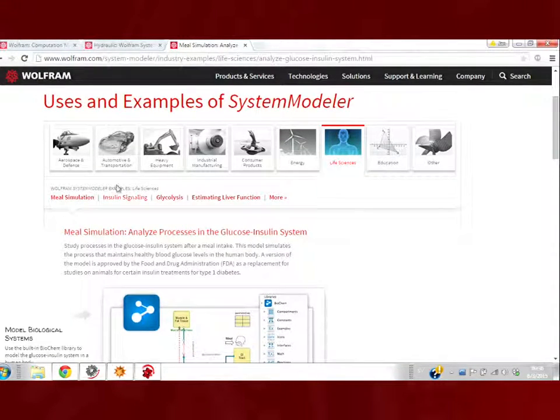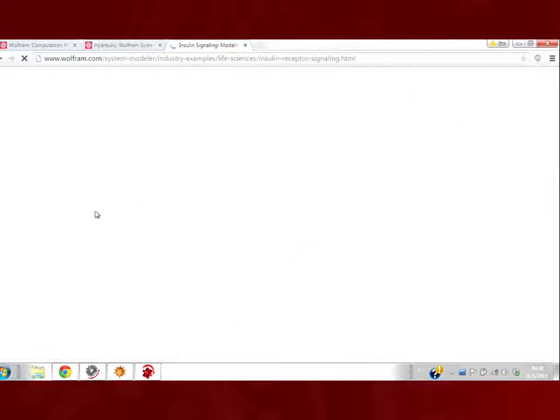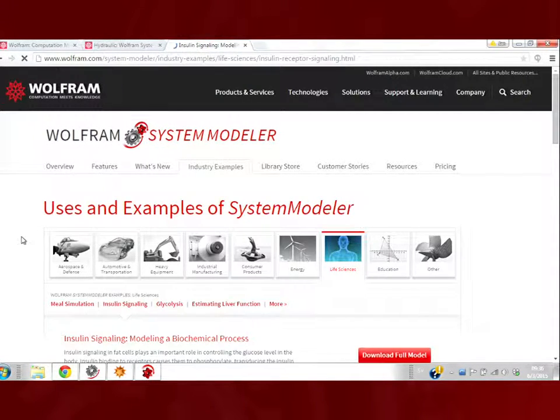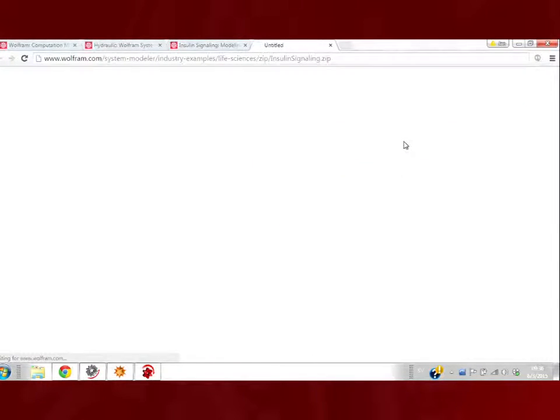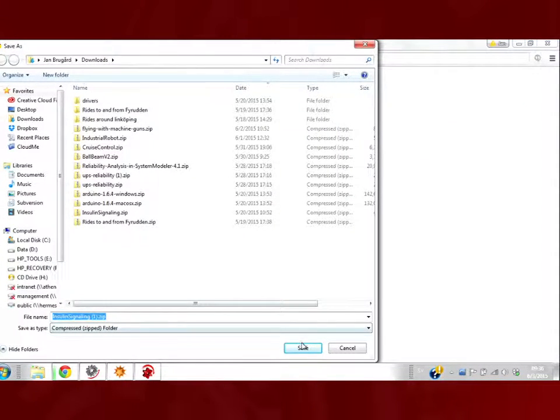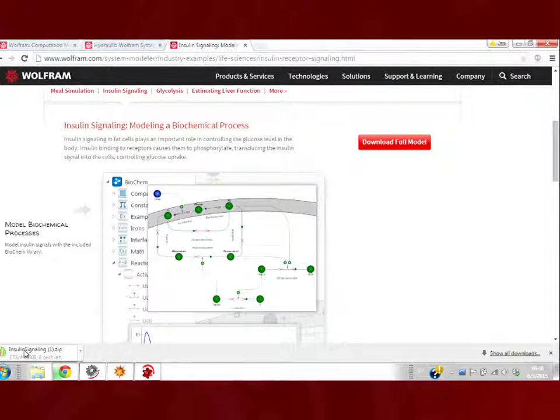You will see the example, and in some cases, for instance insulin signaling, the model is downloadable. So you get a description of the model, but you can also download it to run it with a trial. I had already opened it before, I see.